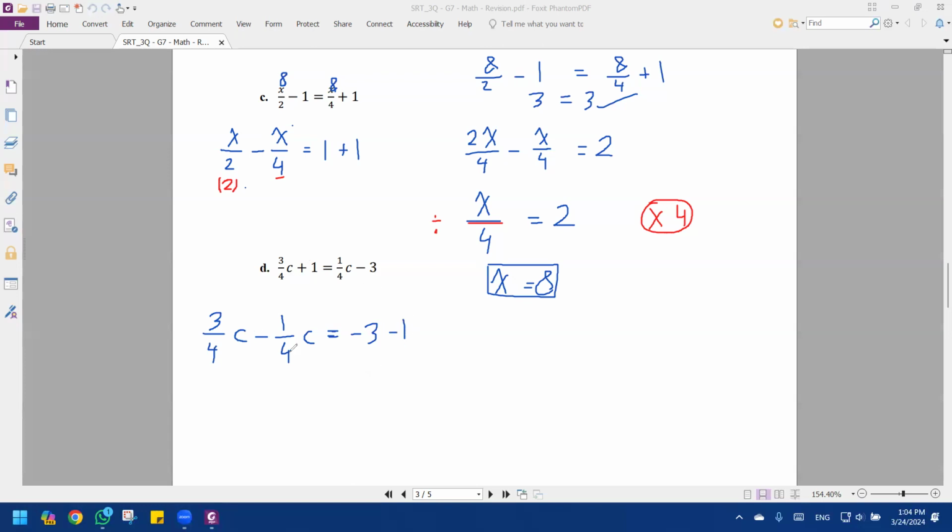They have the same denominator, so we can simplify them. 3 minus 1 is 2. I have 2 over 4c is equal to, both of them have the same sign, 3 and 1 is 4, sign of the biggest, minus 4. Now, I have 2 over 4c.